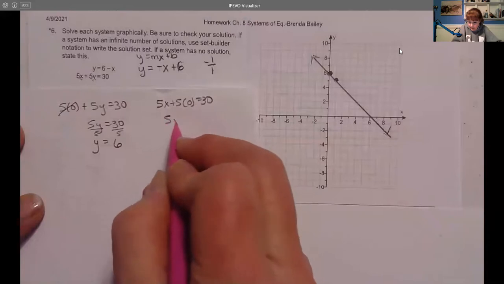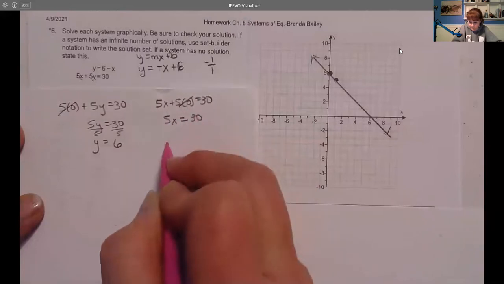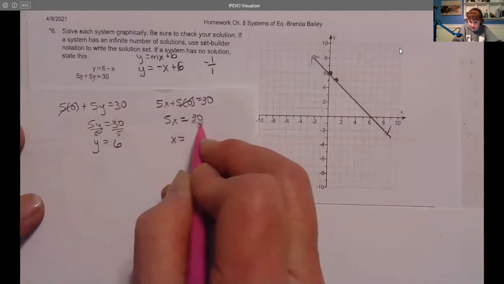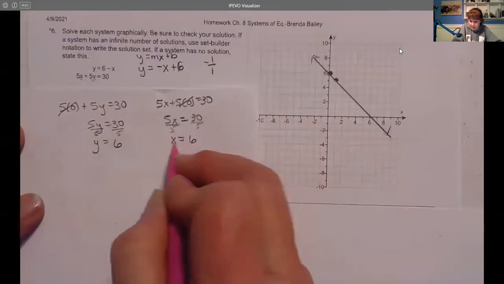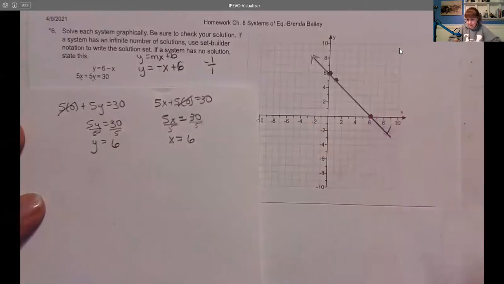And 5x equals 30, because that's gone. Divide by 5, divide by 5. x equals 6. It's going to hit the x-axis at 6, which is the same as the other one.